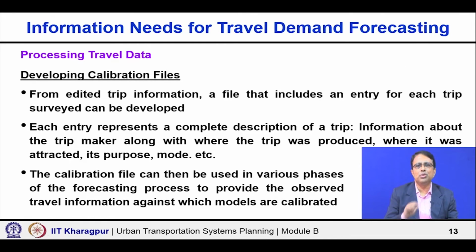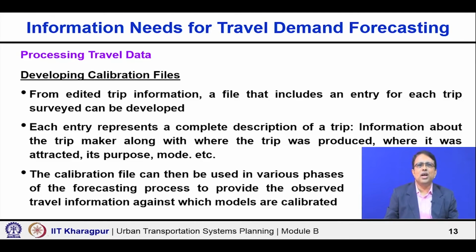So, each trip information is recorded. Each entry represents a complete description of the trip. That means, information about the trip makers along with where the trip was produced, where it was attracted, what was the purpose of that, what was the mode used for that trip, all are there. So, one complete record for one trip.